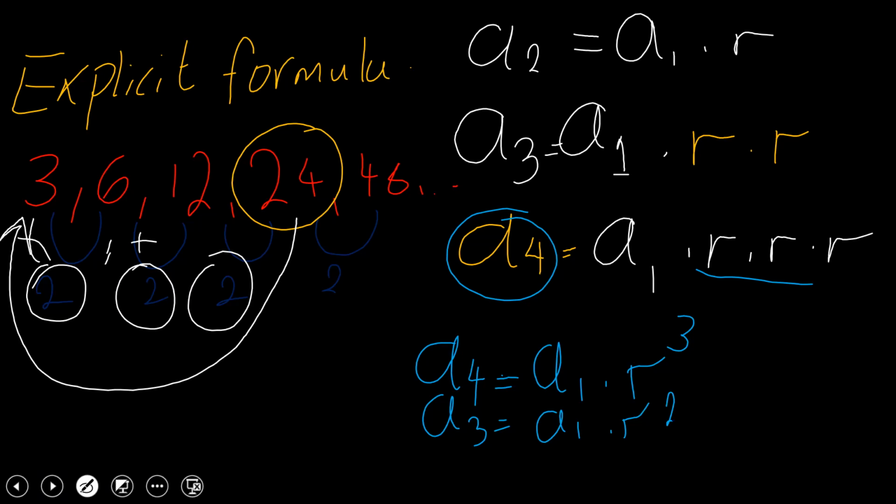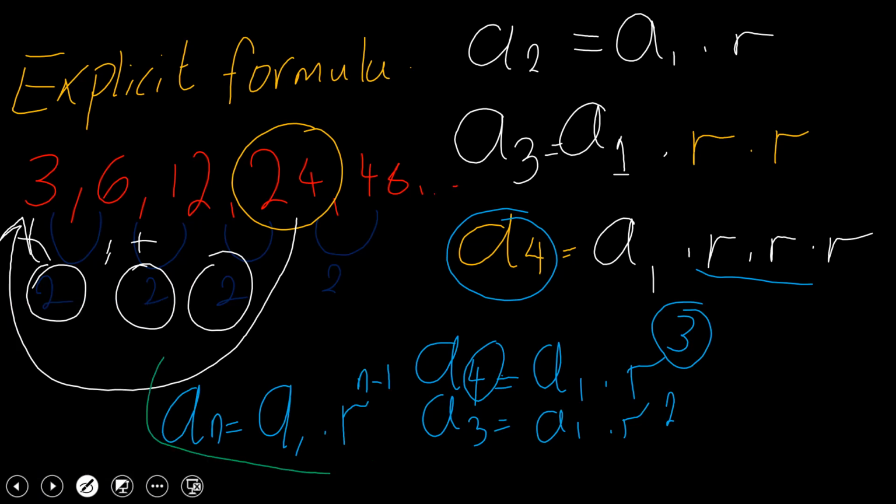That means if I want to find a sub n, I have to use the first term times r. But what is the relation between 3 and 4? If I subtract 1 from 4, I will get 3. So I will say it is n minus 1.